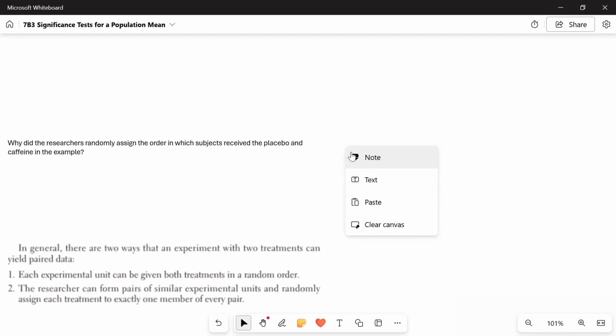So random assignment of the caffeine and placebo to the 2 time periods in the experiment should help to ensure that no other variables like the weather would affect the subject's responses. So because the researchers randomly assign treatments, they can make an inference about cause and effect, like we said here.